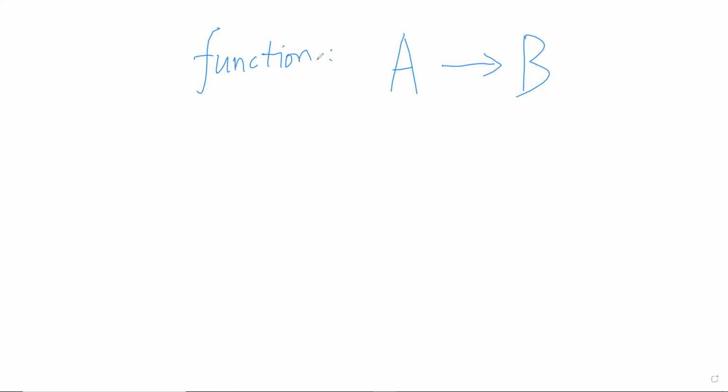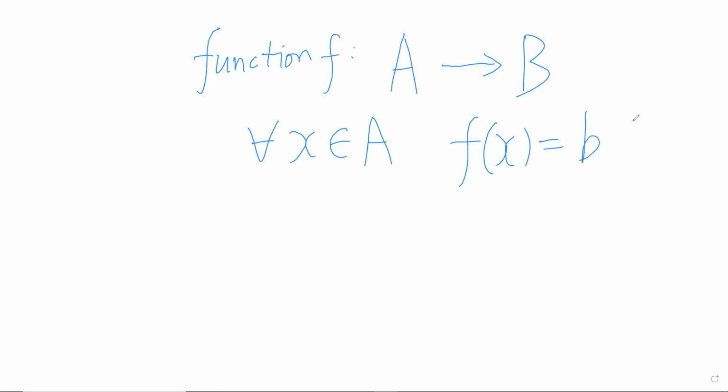A function f maps every element in the domain set A to at most one value in the set B. It means every value in the set A must be mapped to at most one value in B.